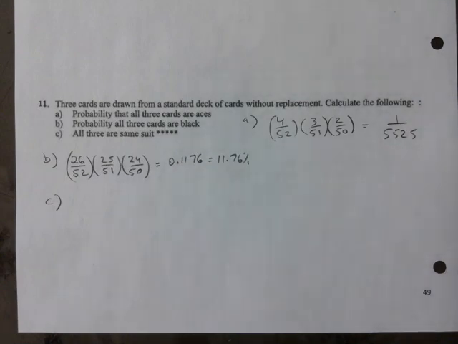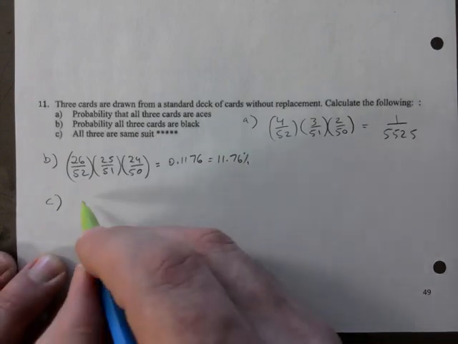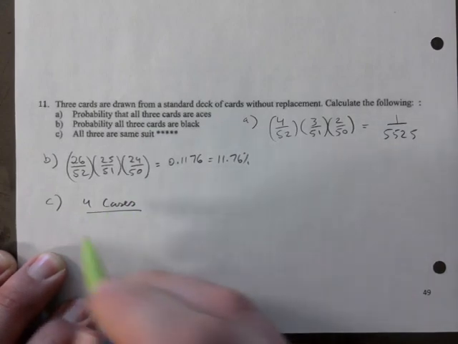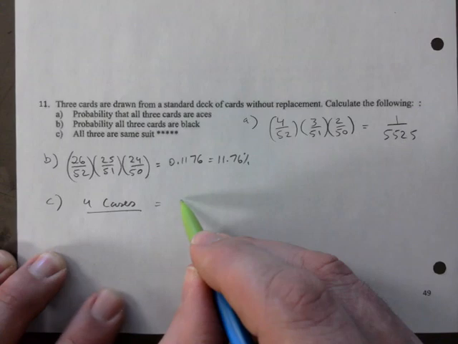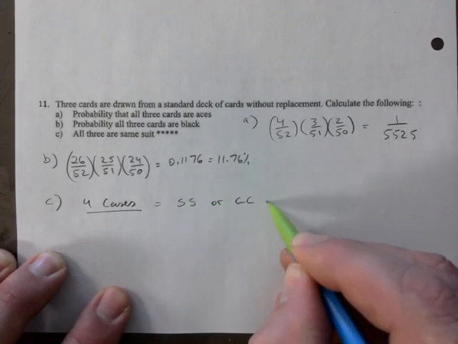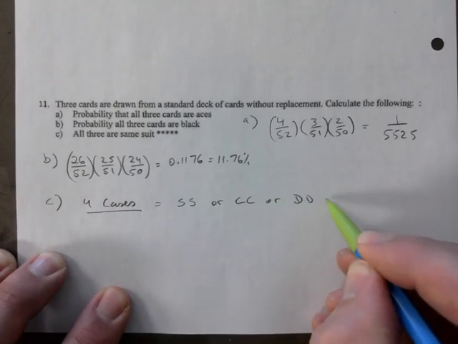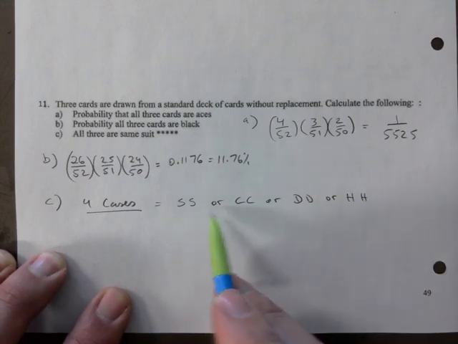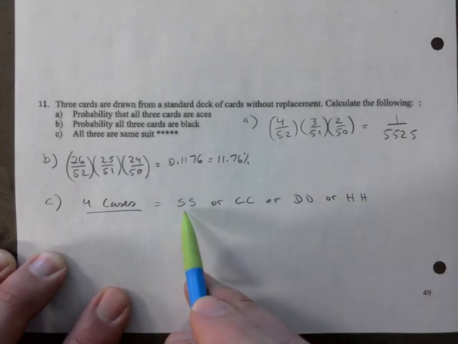But if it had been a bag of marbles where you have different colors and different numbers for each of them, then you want to split it into cases. Okay, so 4 cases. Okay, so you've got spade, spade, or a club, club, or diamond, diamond, or heart, heart. Okay, and because they're all identical, it's easiest to just find one of the cases and multiply it by 4.